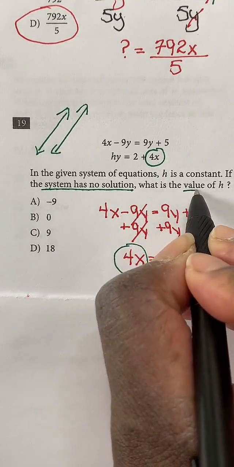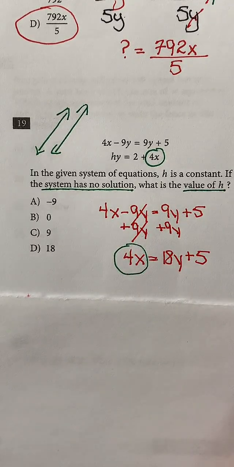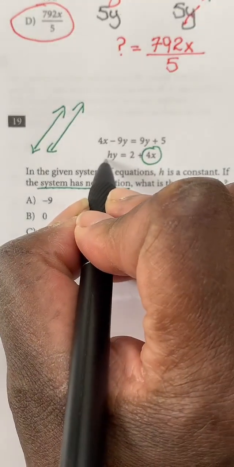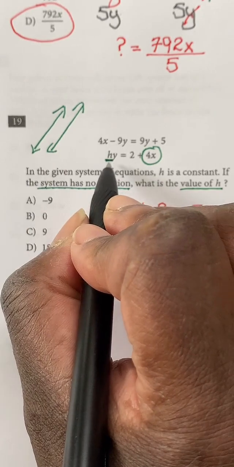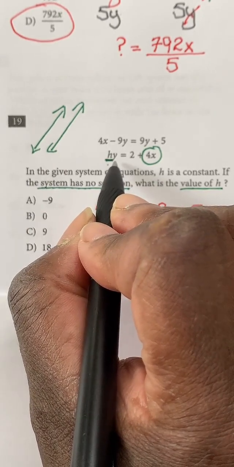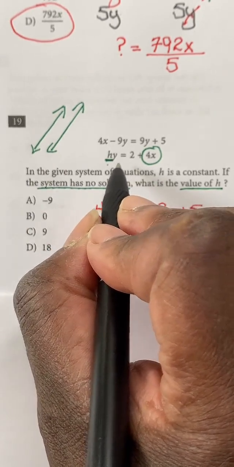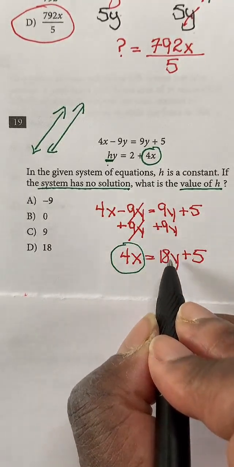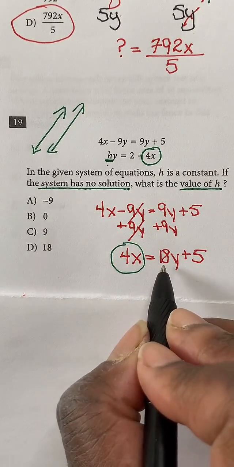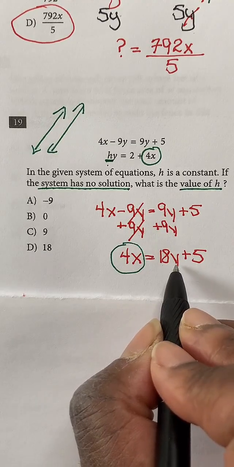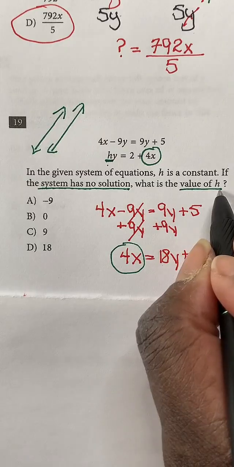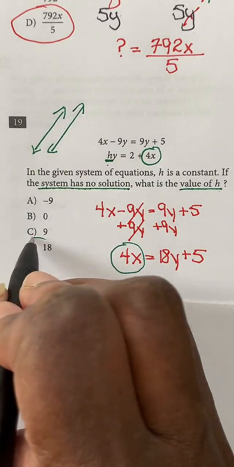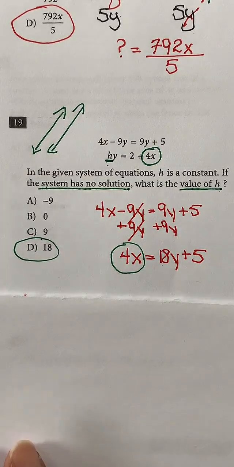We want to see what the value of h is. The h is the coefficient of y. Take a look at what we did down here. 18 is the coefficient of y. So what is the value of h? It is 18.